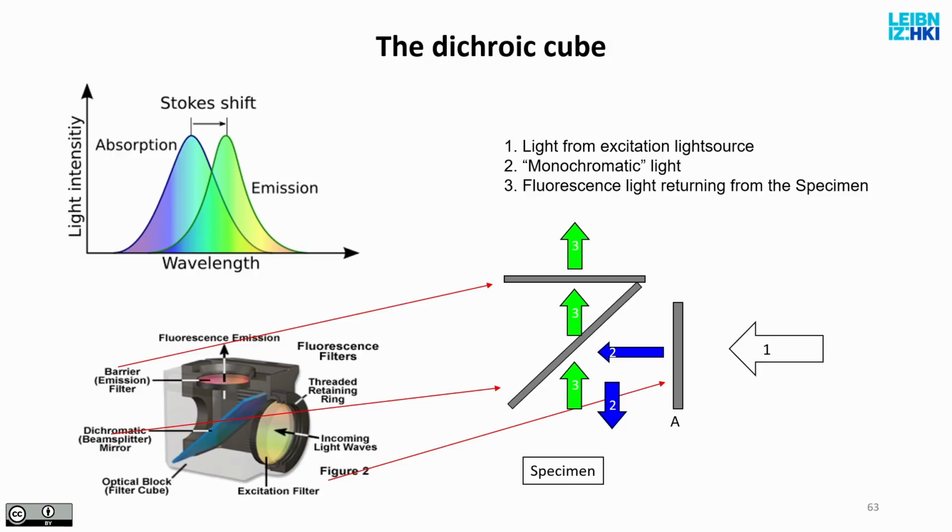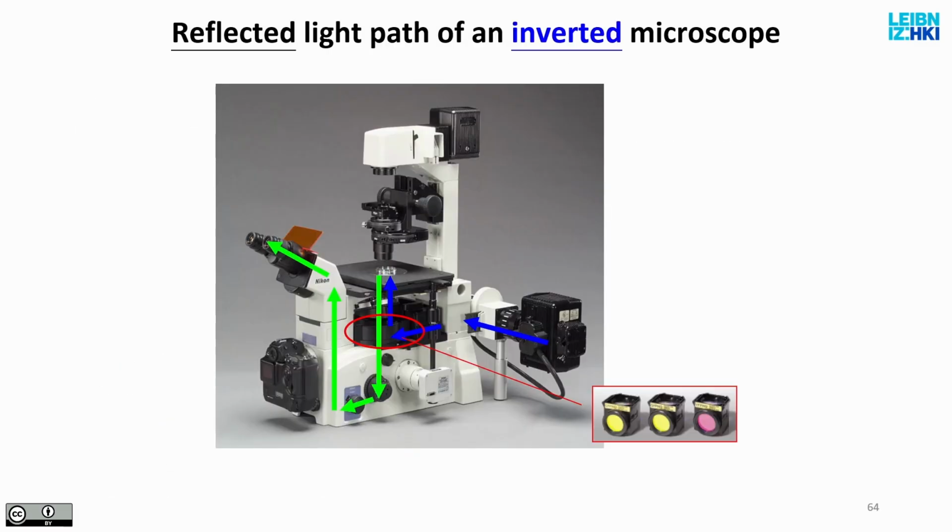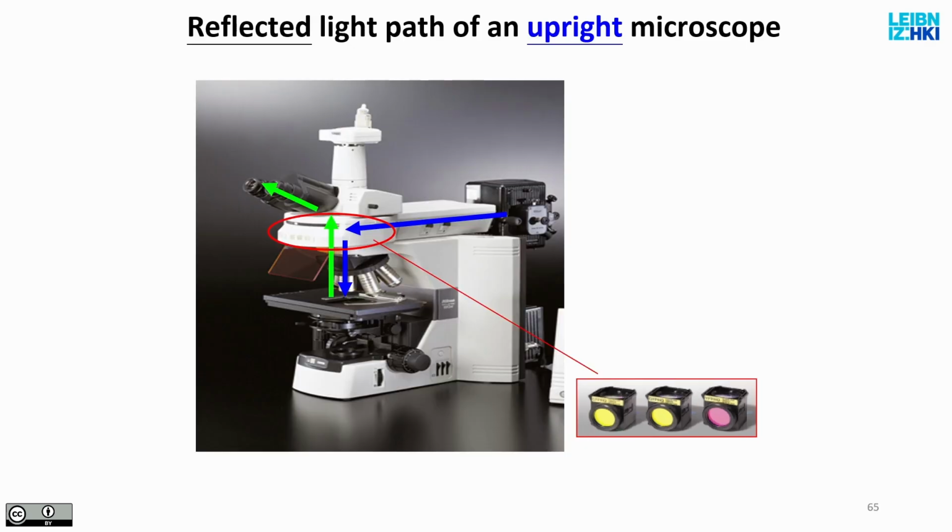So this way I can build a light path with these so-called dichroic cubes, where the excitation and emission are separated by this mirror. So I can have the illumination path and the detection path at 90 degrees, and I can build a fluorescence microscope.